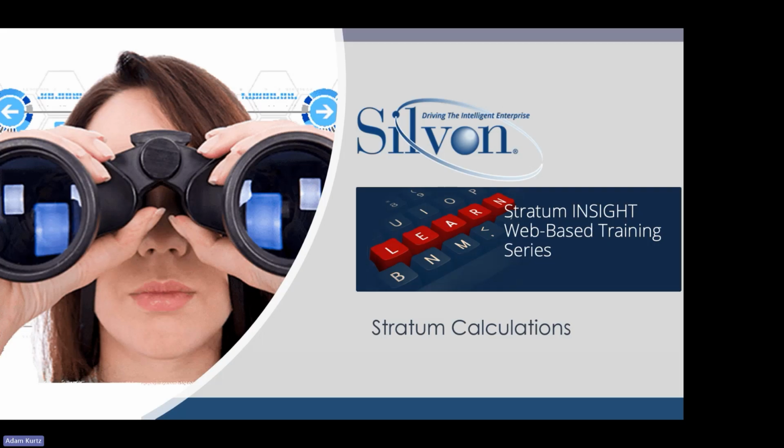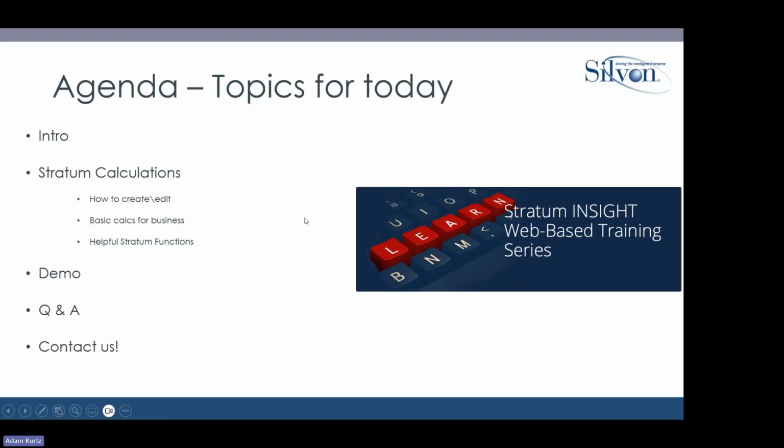My name's Adam Kurtz, and I'll be guiding you through today's topic, which is calculations and how to create them and edit them in the Stratum interface. We'll start pretty basic and introduce you to different ways to calculate certain types of basic calcs for business, variances, and variance percentages.